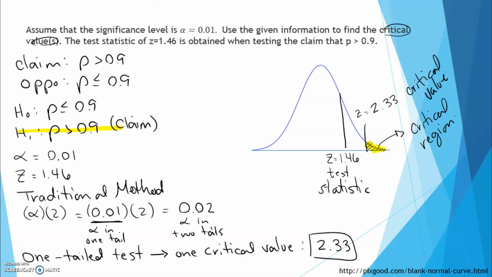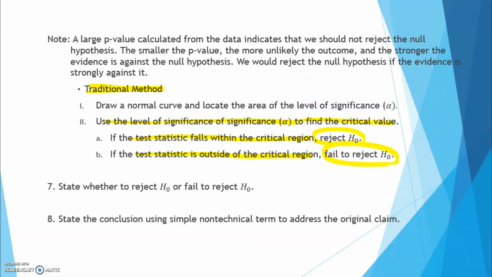Now to figure out if we reject or we fail to reject h sub 0, we'll go back. Okay, if the test statistic falls within the critical region, okay, it didn't. If the test statistic is outside the critical region, fail to reject h sub 0.